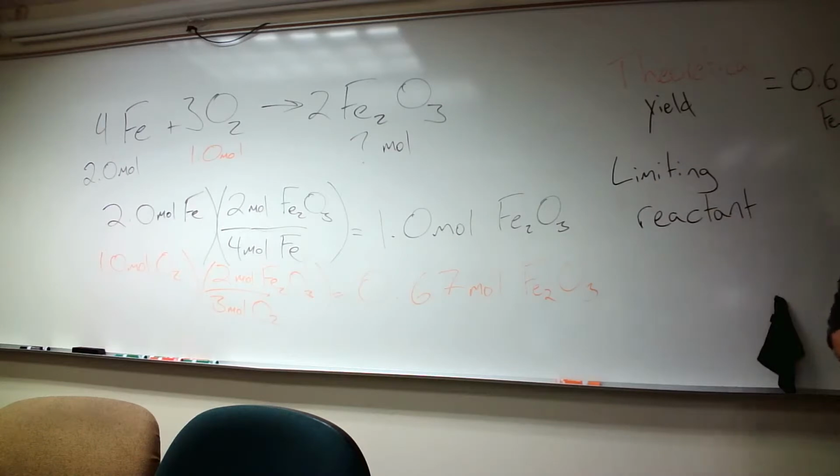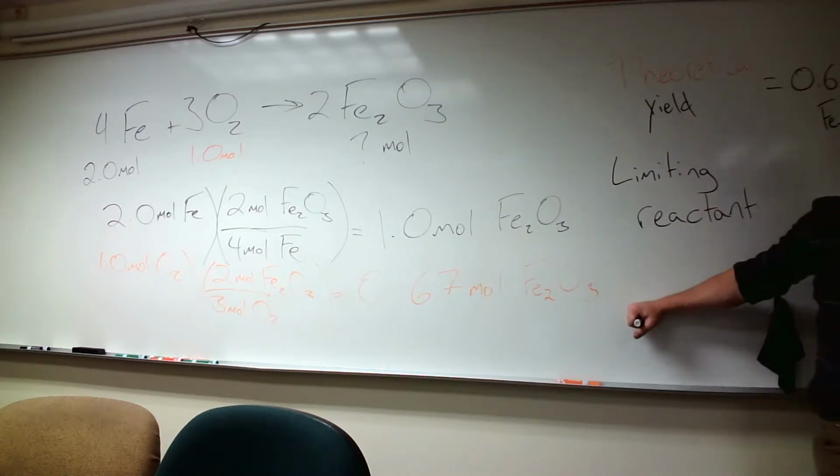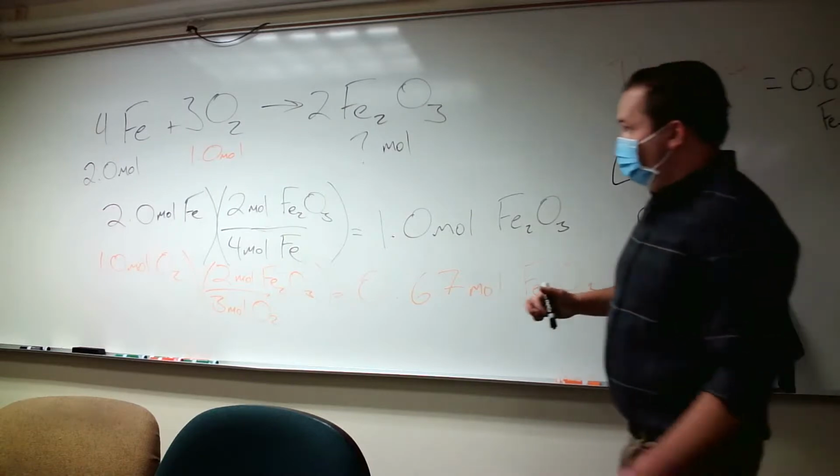Limiting reactant means what's running out first, because that really dictates everything else, right? Go back to your cheeseburgers analogy. You run out of one thing, that stops the whole production line. So whatever can make the least product is going to be your limiting reactant. And the other one's going to be the excess.